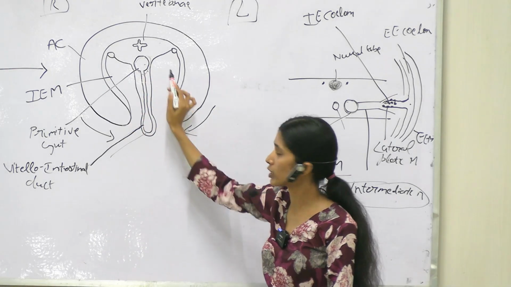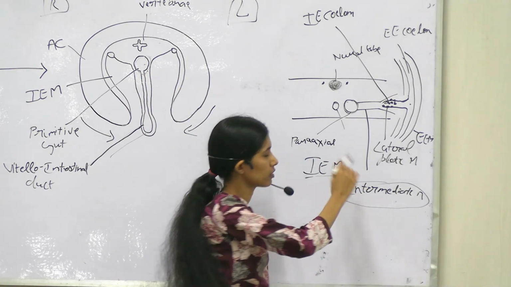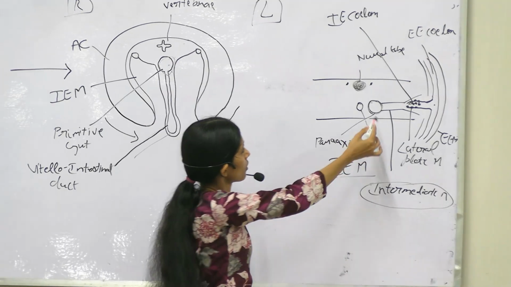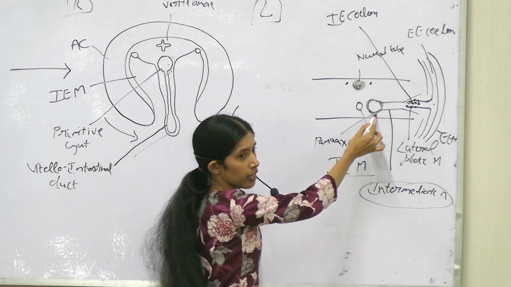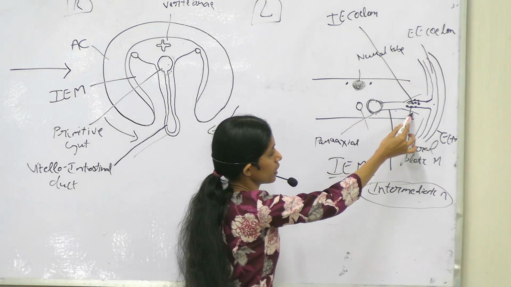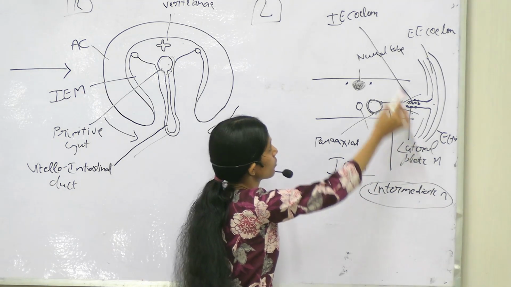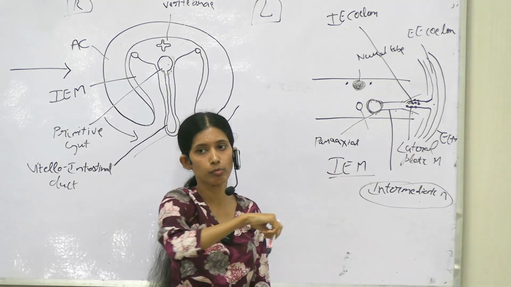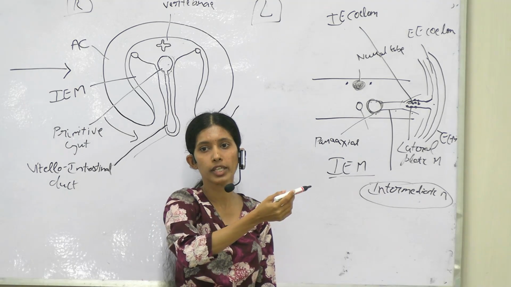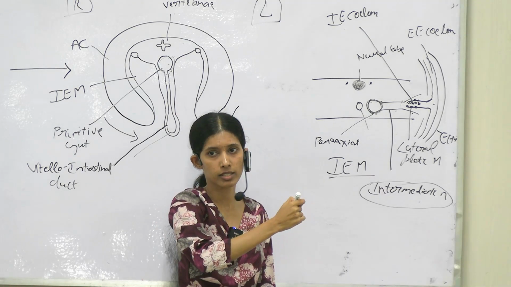So now in this intraembryonic membrane, we have paraaxial, intermediate and lateral plate mesoderm. In the lateral plate mesoderm, now we have a structure called intraembryonic coelom, which is opening into your extraembryonic coelom.